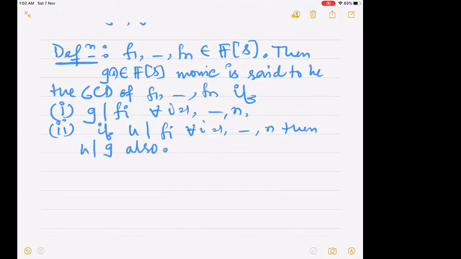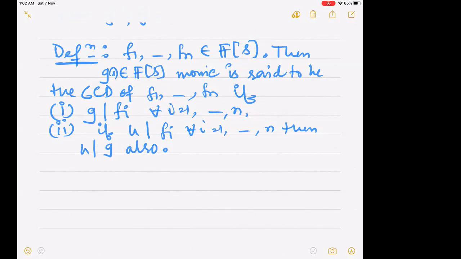So that's why it's the greatest common divisor. It's bigger than every other. F1 up to fn, all of them are multiples of g. If they're also multiples of something else, then the GCD will be a multiple of that something else. So that's why GCD g is the greatest.